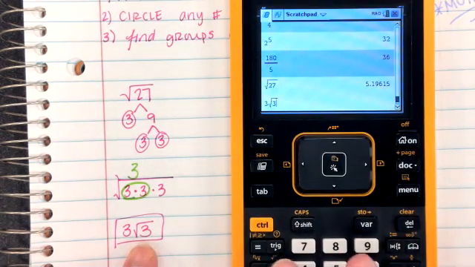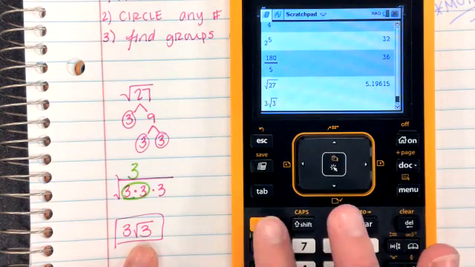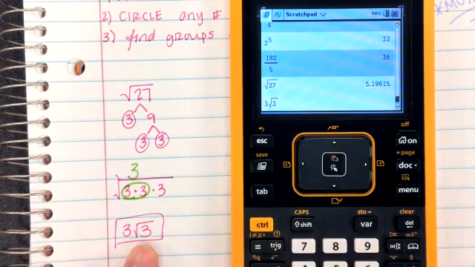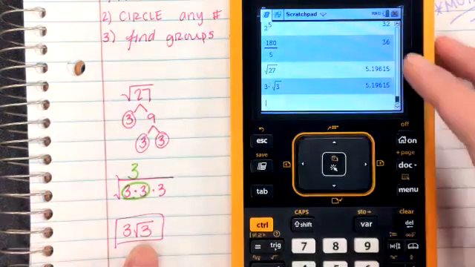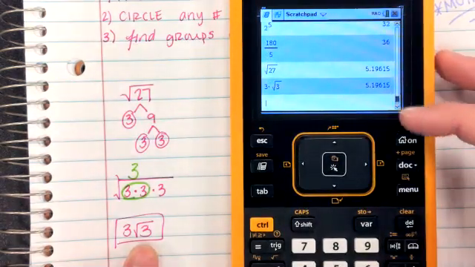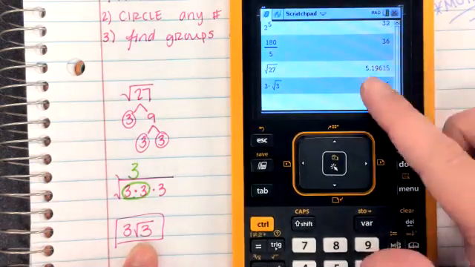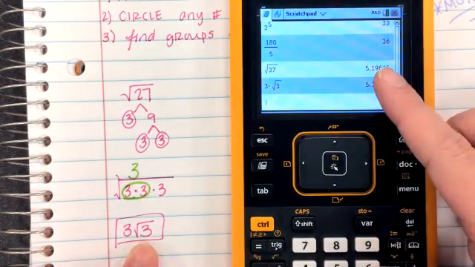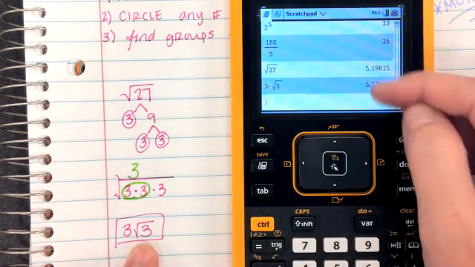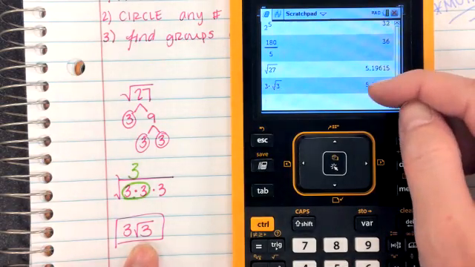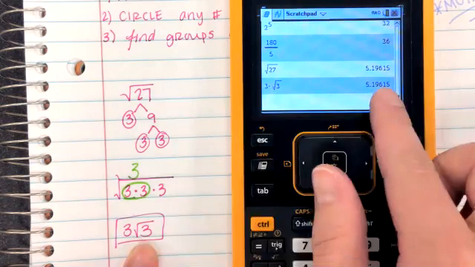Help your neighbor if they don't know where the square root button is. You have to hit control first. And when I hit enter, are they exactly the same? Then that's good, okay? I don't take decimal answers. That's why you can't just put this in a calculator. But I can check if they're the same, that's good. If they're not the same, then what should it tell you? You messed up, okay?